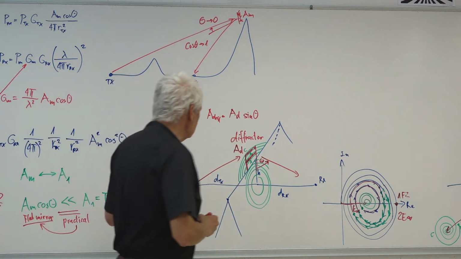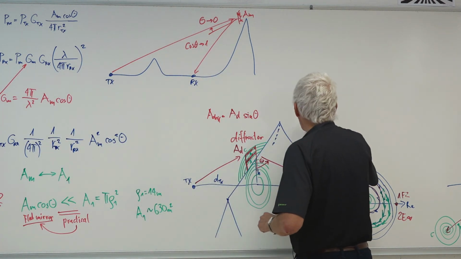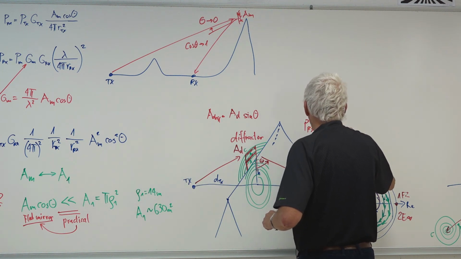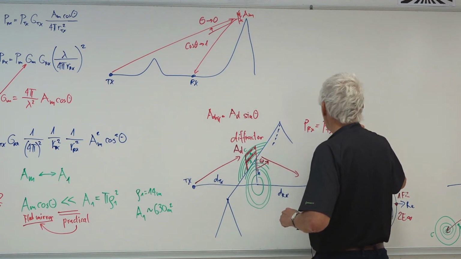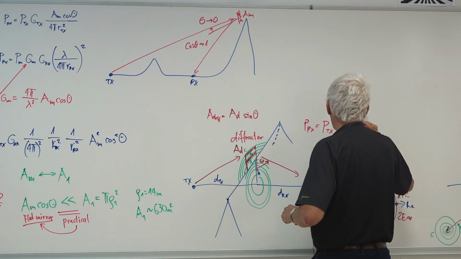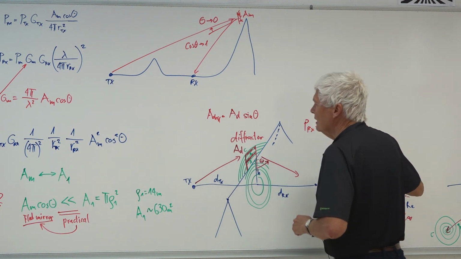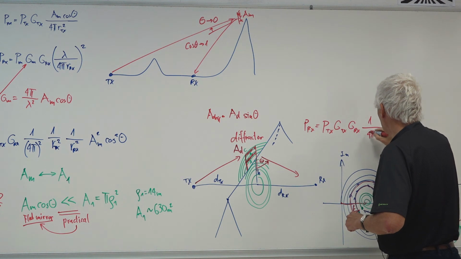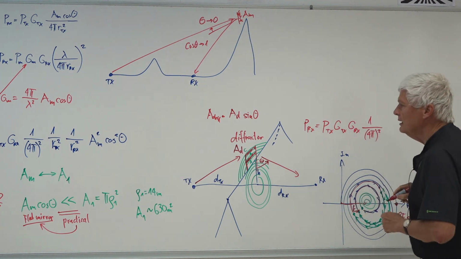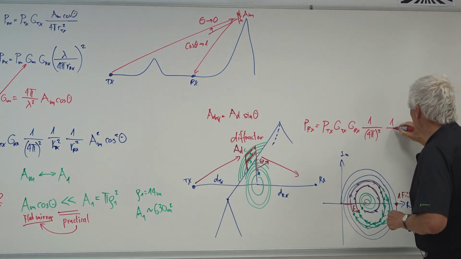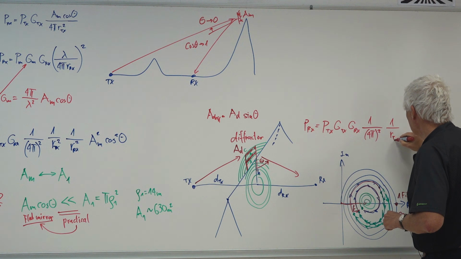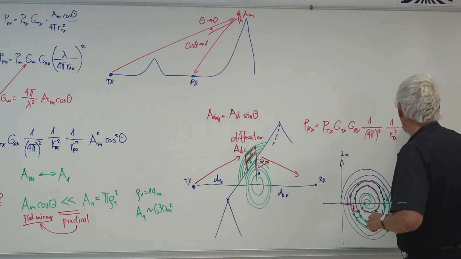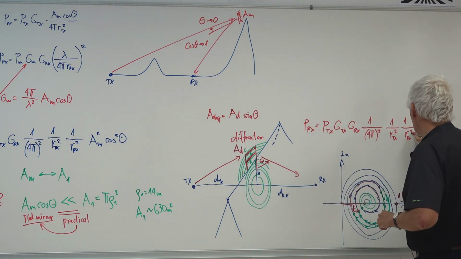So the whole link equation now is P inside the receiver is P of the transmitter times gain of the transmitter, gain of the receiver, 1 over 4 pi squared, 1 over R of the transmitter squared, 1 over R receiver squared.